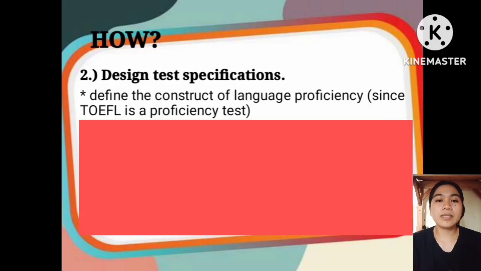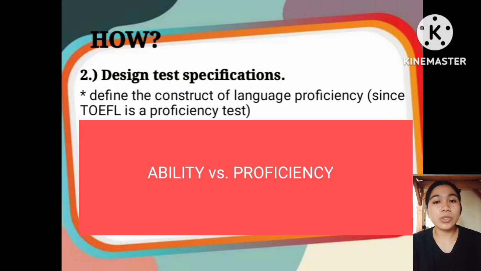Because the TOEFL is a proficiency test, the first step in the developmental process is to define the construct of language proficiency. First, it should be made clear that many assessment specialists, such as Bachman and Palmer, prefer the term ability to proficiency and thus speak of language ability as the overarching concept. The latter phrase is more consistent, they argue, with our understanding that the specific components of language ability must be assessed separately.